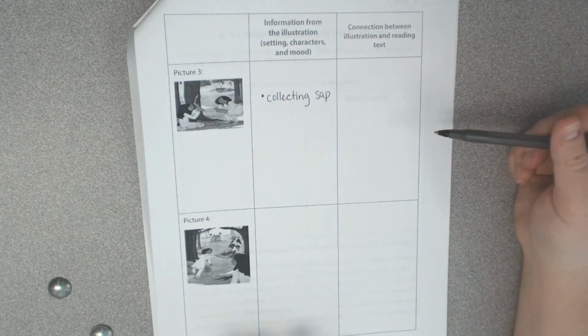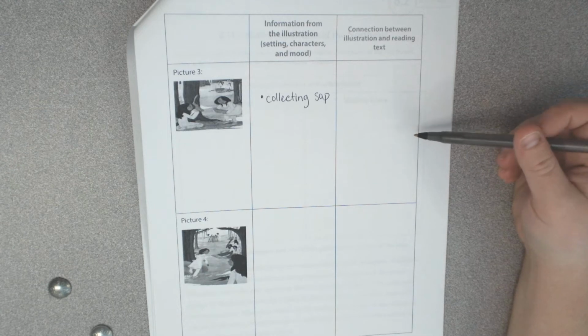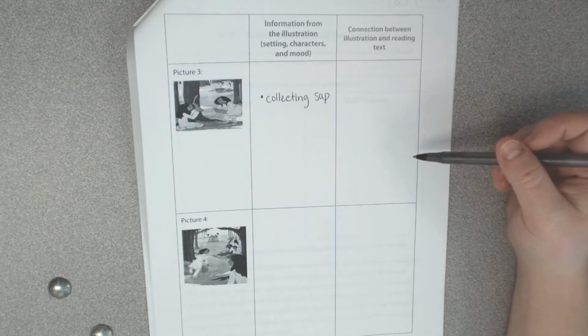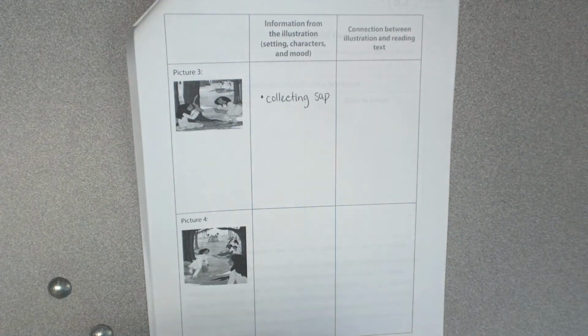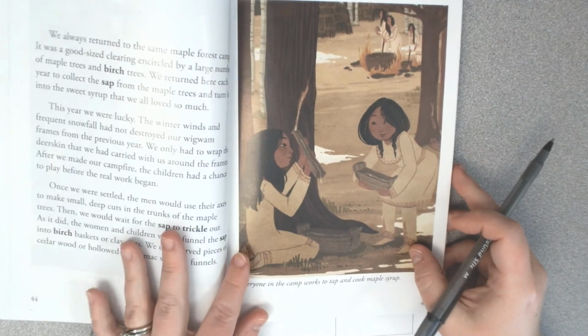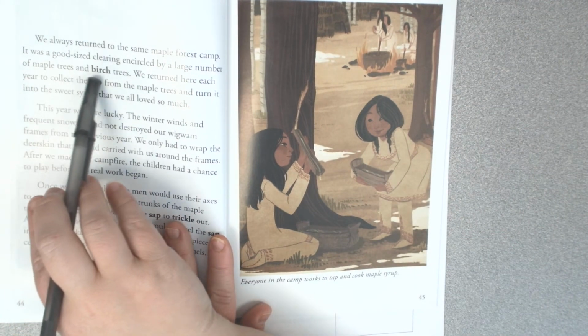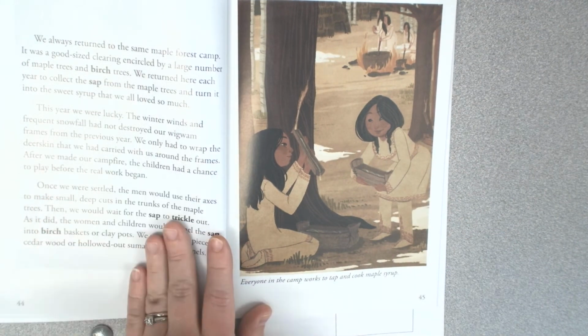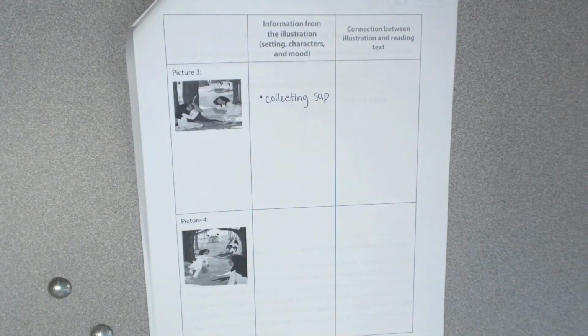And then what does the text say that they are doing? Well, it says that the women and children, they funnel and collect the sap in these birch clay pots. So that's what they're doing, they're collecting the maple tree sap in the birch tree pots, right? And then they're going to turn it into syrup.